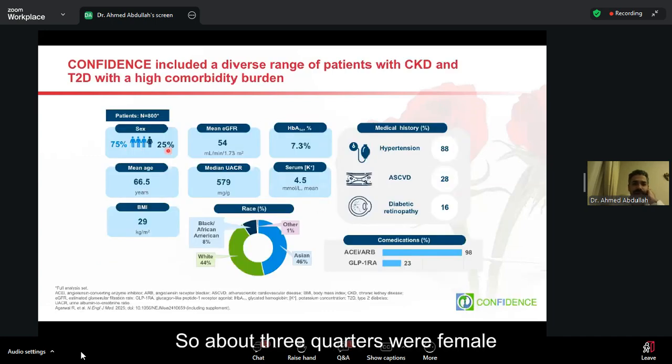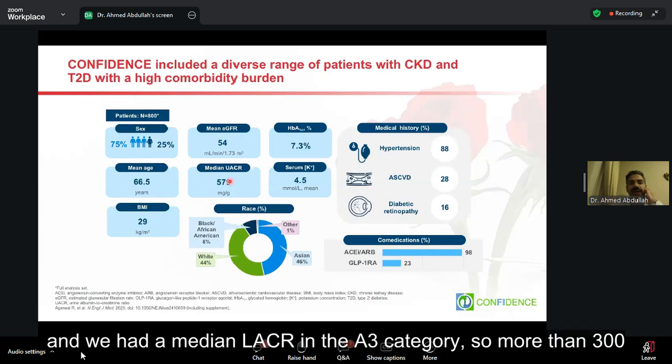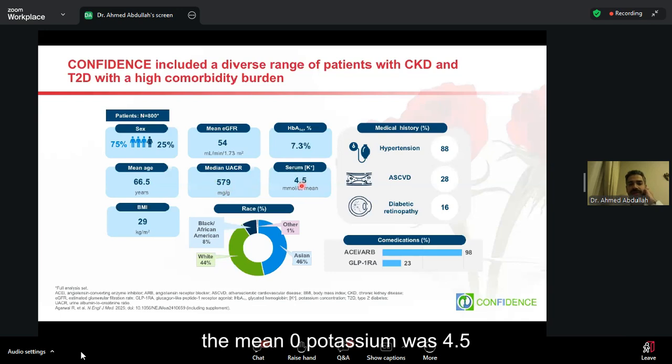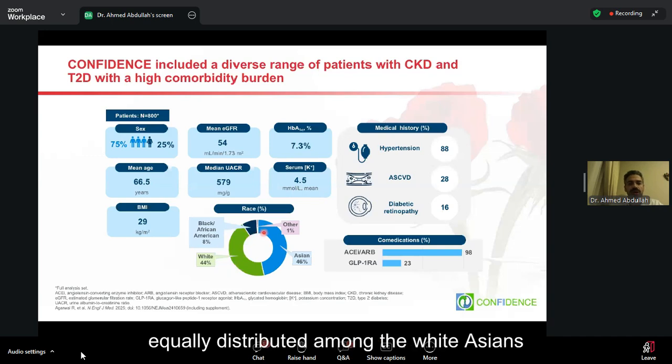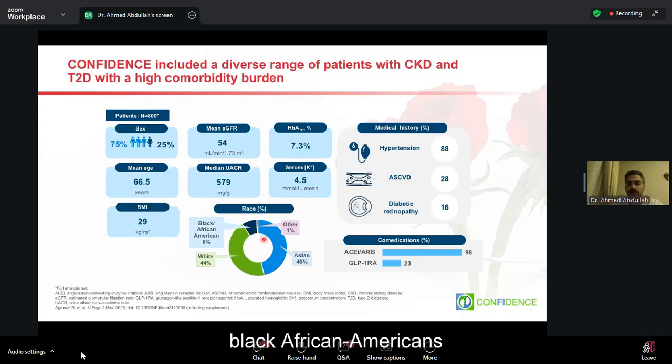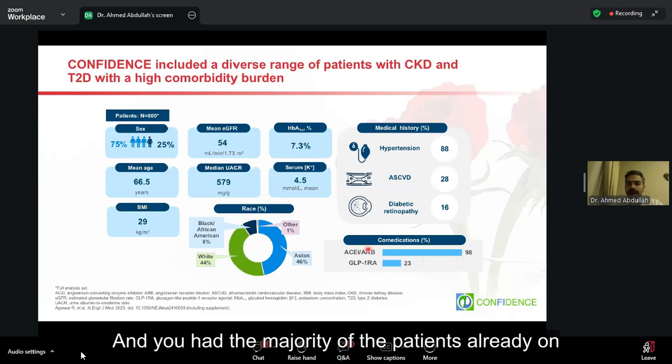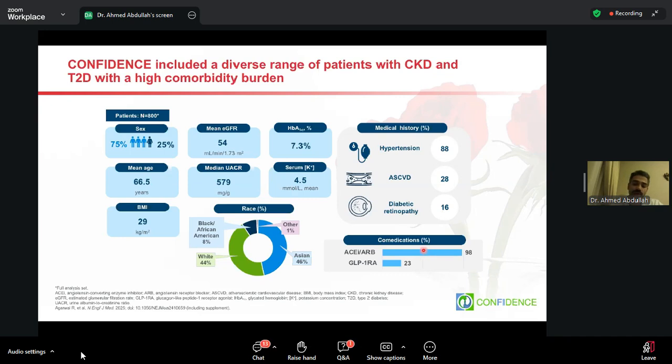Only 25% were female. The mean age was 66, and the median UACR was in the A3 category, so more than 300. The mean serum potassium was 4.5, and the race was more equally distributed amongst White, Asian, and Black African American patients. The majority of the patients were already on ACE or ARB blockade.